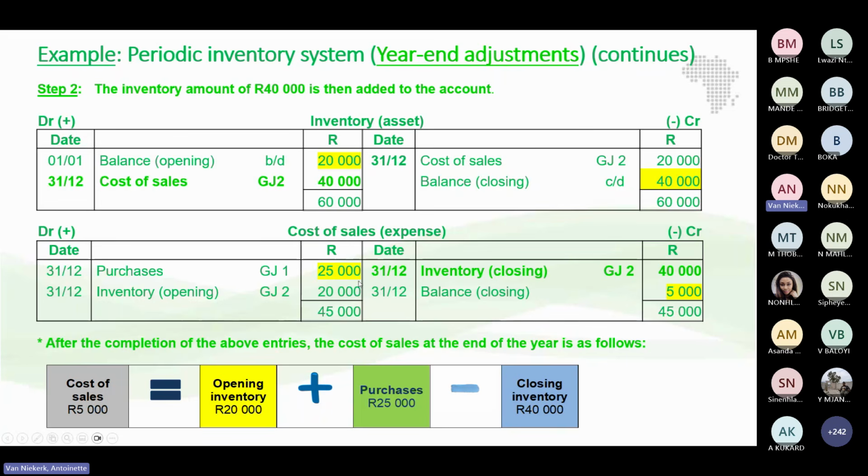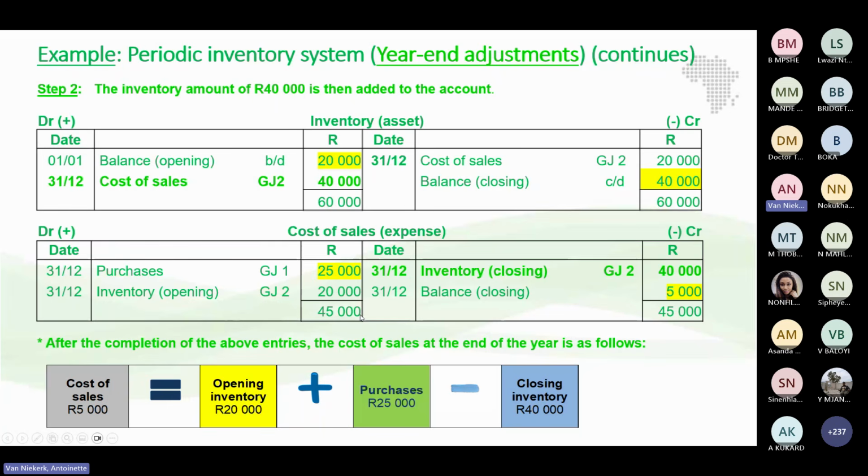The same happened here. Remember I said ignore the yellow highlighting. You had your purchases account of 25,000 Rand that was closed off to the cost of sales. I just mentioned the 20,000 Rand, which was closed off against cost of sales. You have a balance of 45,000 Rand.